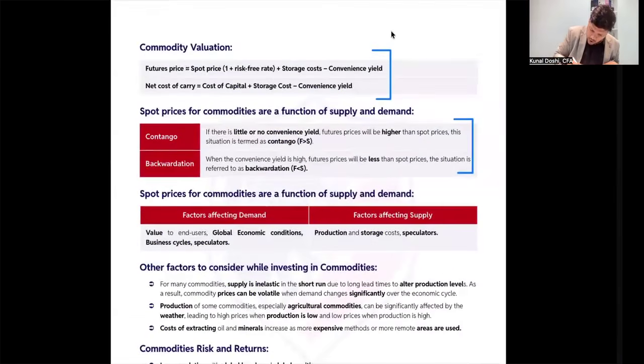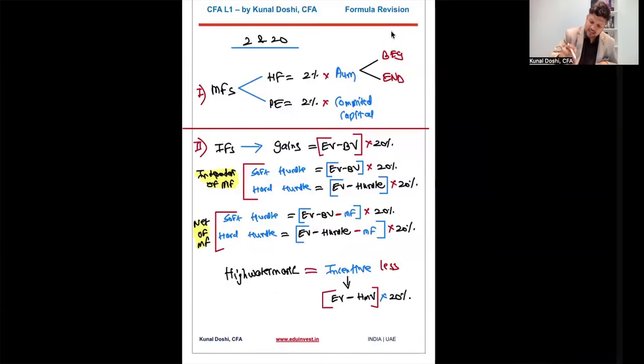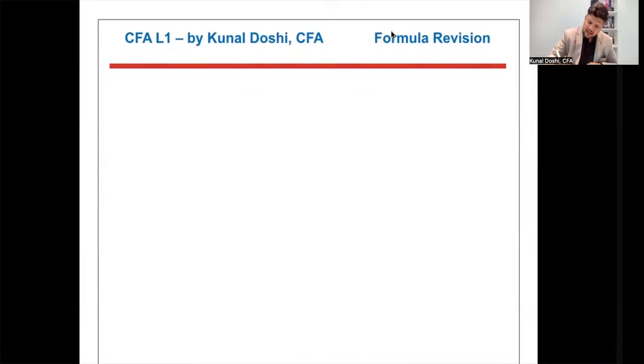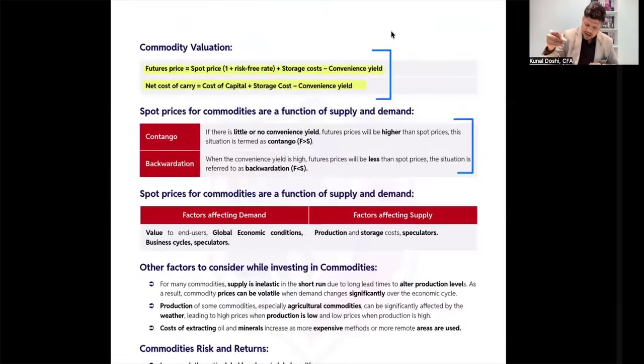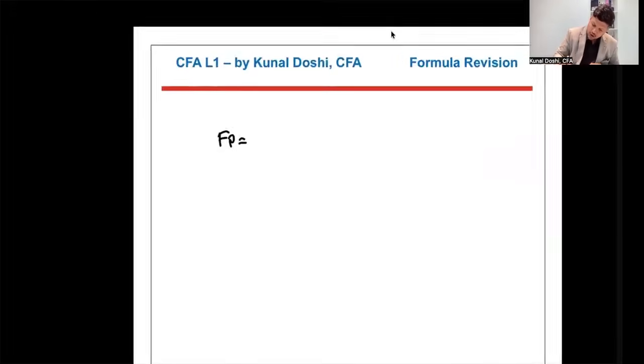Now we already did the no arbitrage forward price, so there's no need to repeat this formula. Just remember there is a cost of carry, which is cost of capital plus storage minus convenience yield. Based on this, I will discuss something. So what is net cost of carry? If you want, you can write the no arbitrage forward price again. So the future price is what?